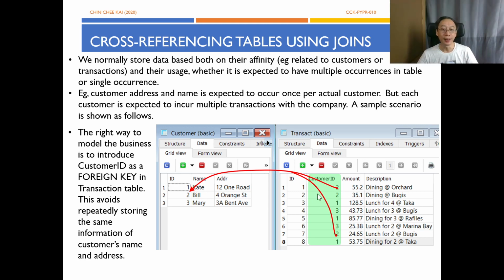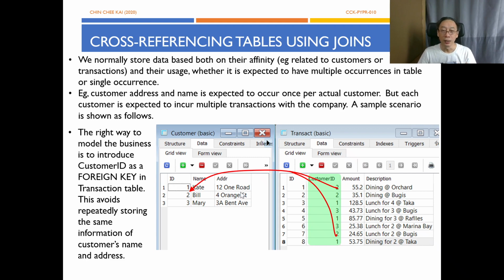And where does Bill stay? He stays at 4 Orange Street. So in this manner, we are always able to retrieve Bill's information, but via a pointer, a reverse pointer, because the 2 here is actually an ID, an address in the database sense, telling us where to find the customer's name, which is Bill, and his address, which is 4 Orange Street.